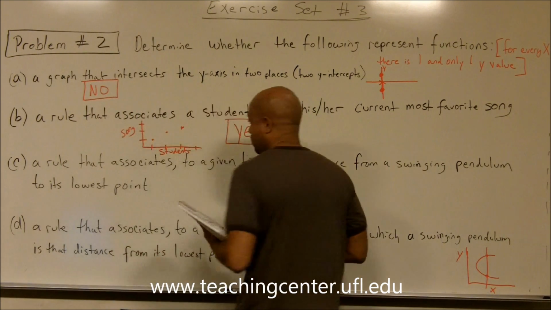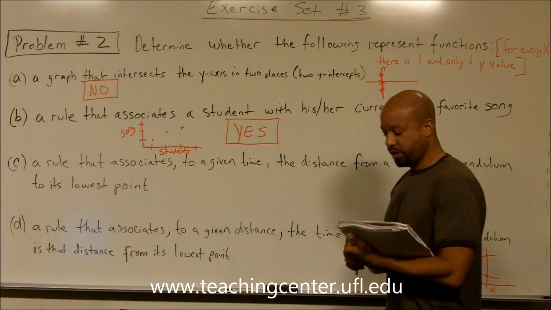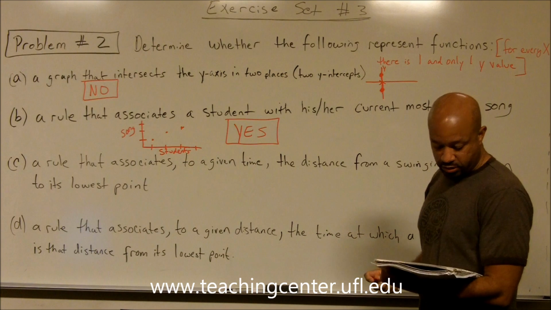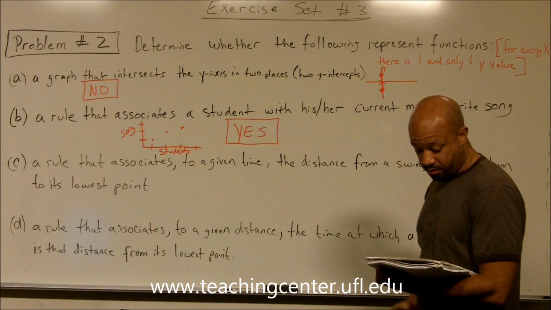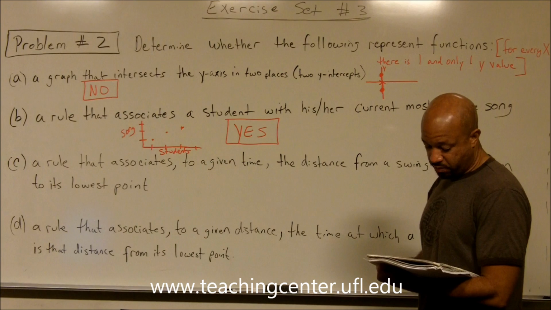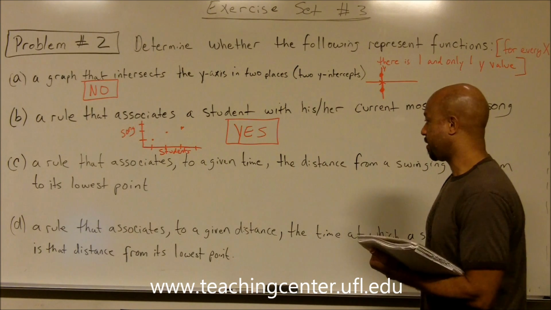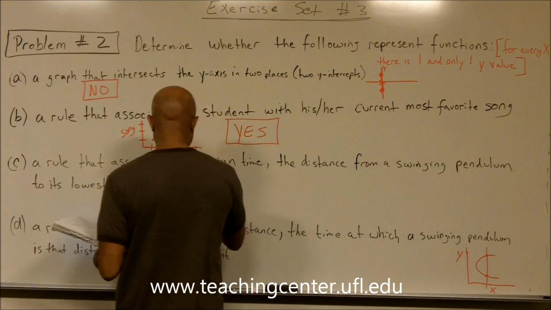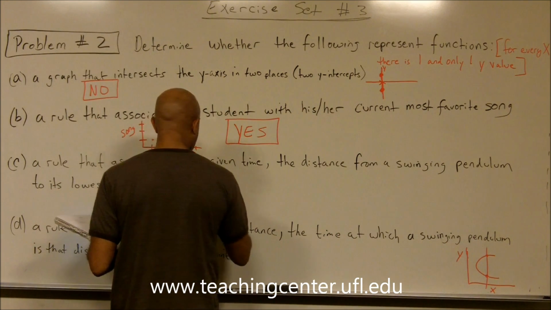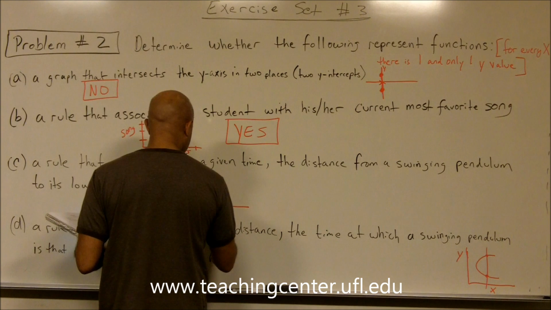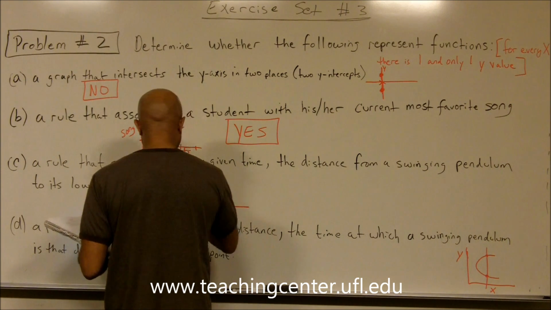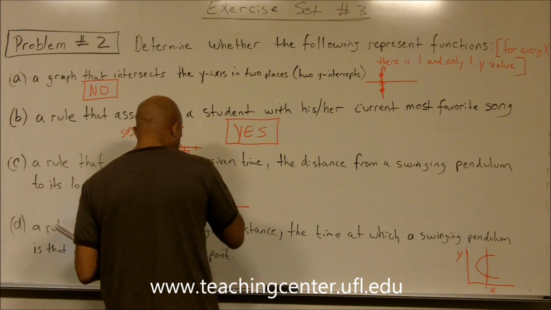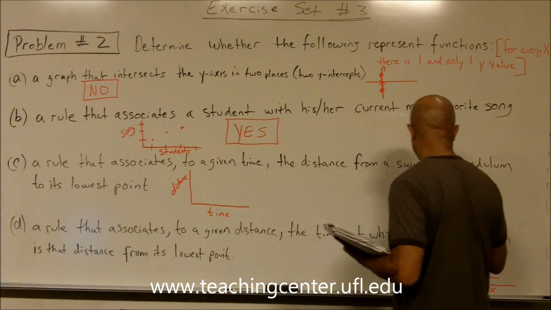Okay, so the next part is part C. And this says a rule that associates to a given time the distance from a swinging pendulum to its lowest point. So now we're associating a time to a distance, and we're talking about a pendulum.